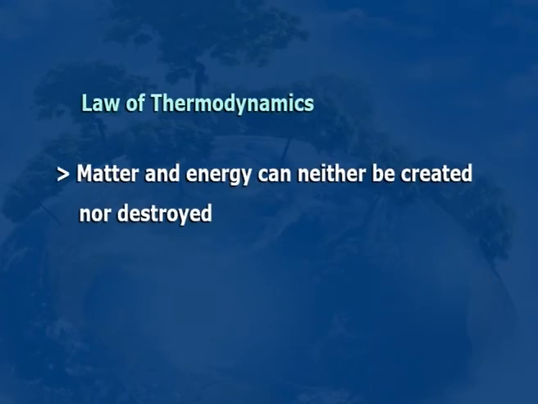According to the first law of thermodynamics, matter and energy can neither be created nor destroyed. Applying this fundamental law to the material balance model in the long run, the flow of materials and energy drawn from nature into consumption and production must equal the flow of residuals that run from these activities back into the environment.